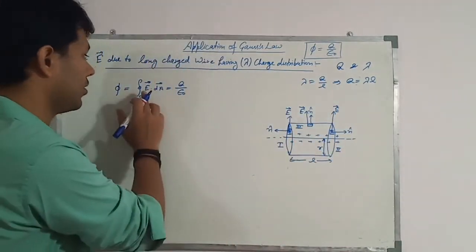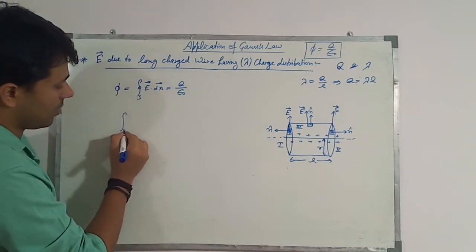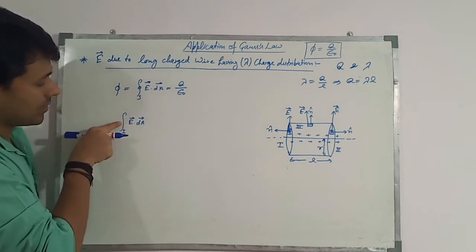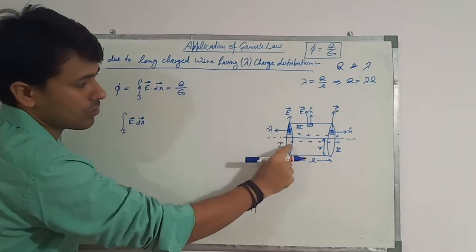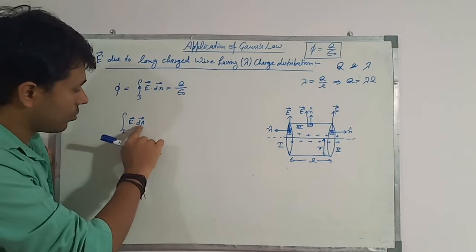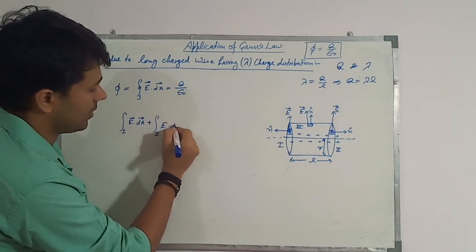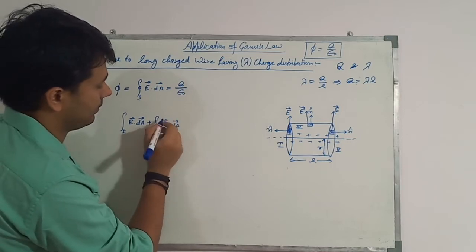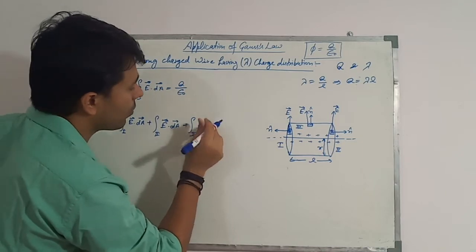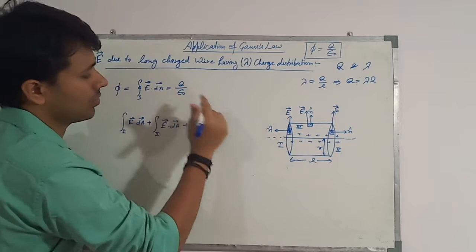So we can break it like this: the integral over surface 1 of E dot dA, which is not a closed surface so we don't put a circle here, plus the second surface E dot dA plus the third surface E dot dA is equal to Q upon epsilon naught.